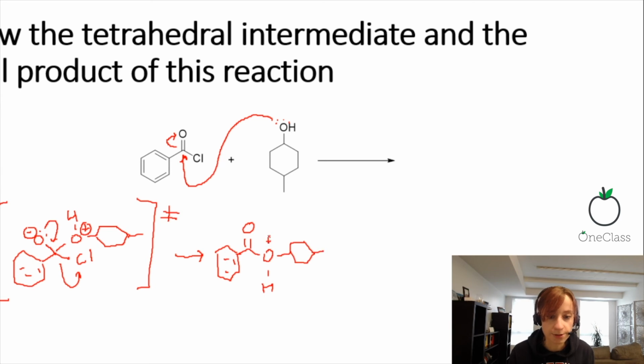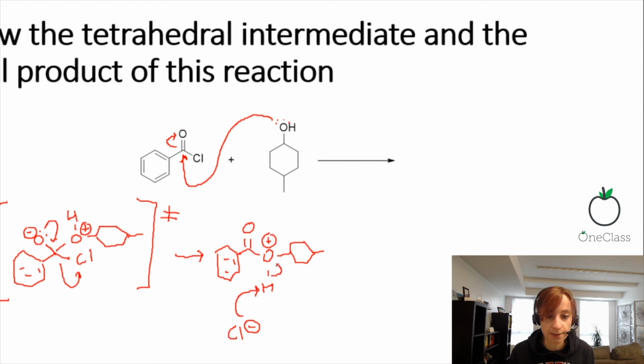And this oxygen is still positively charged. So we're not quite done here. We need to get rid of this positive charge. So we need to deprotonate this oxygen. So in our last step, we released the chloride anion. So this will abstract the hydrogen from the oxygen.